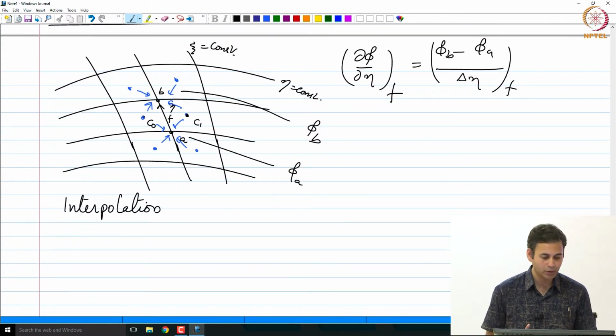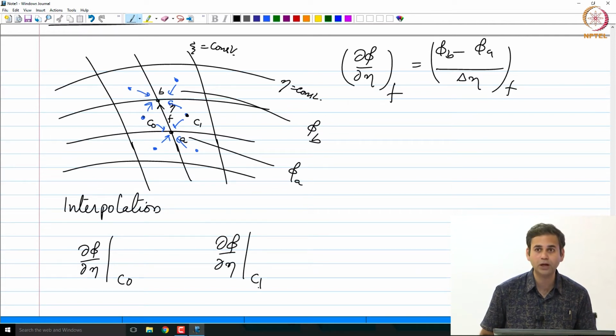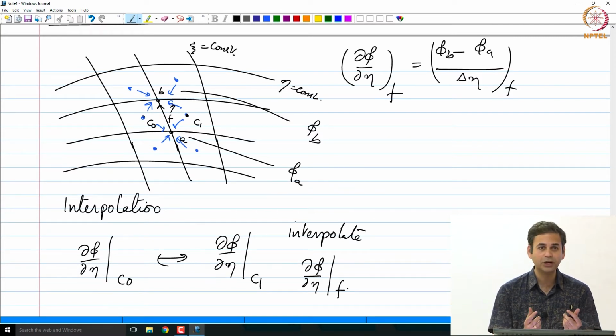You can also calculate the gradient at the cell centroids themselves. Instead of interpolating phi, you can calculate partial phi partial eta at cell centroid C0 and at cell centroid C1, and then interpolate these two to obtain partial phi partial eta on the face f that is shared between these two cell centroids. That can also be done.